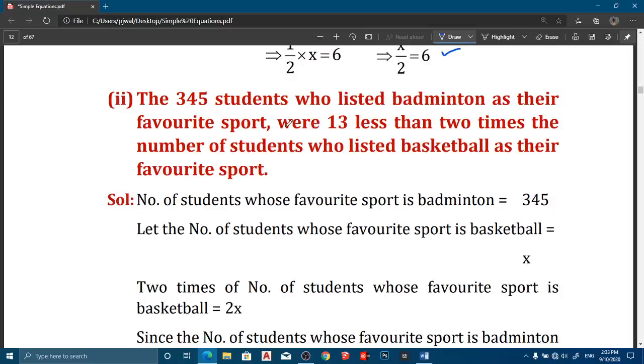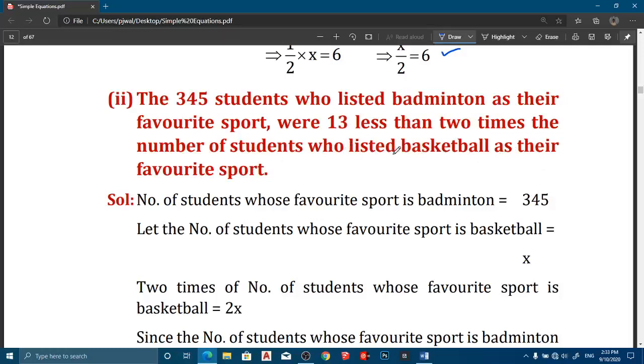This number, the students who listed badminton as their favorite sport, is 13 less than 2 times the number of students who listed basketball as their favorite sport.